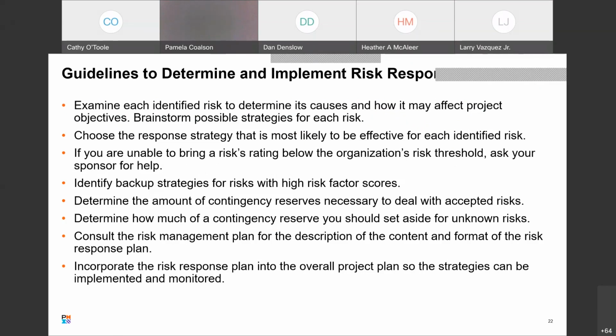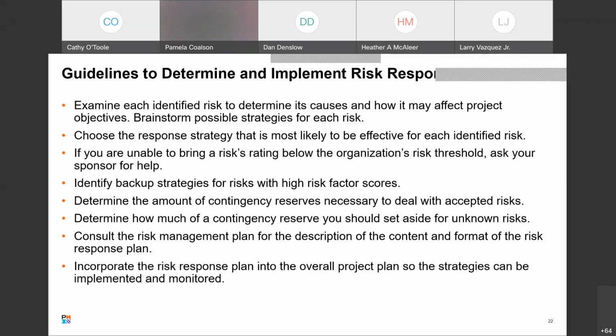Choose a response strategy that is most likely to be effective for each of the identified risks. If you are unable to bring a risk's rating below the organization's risk threshold, ask your sponsor for help. And I think that's a really good guideline.